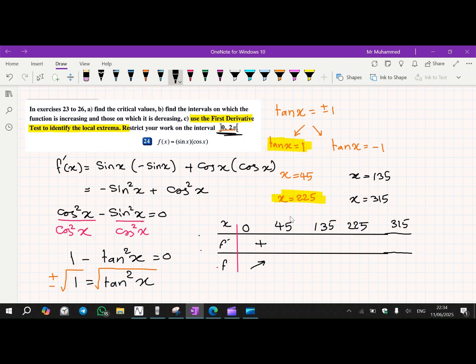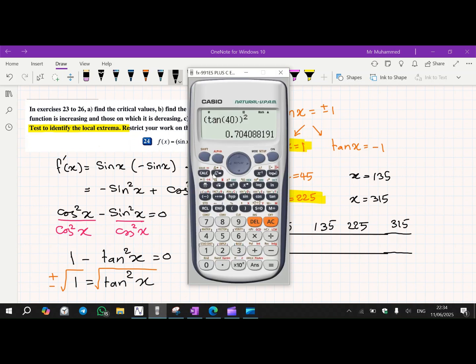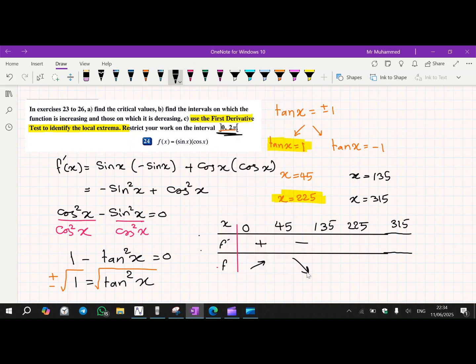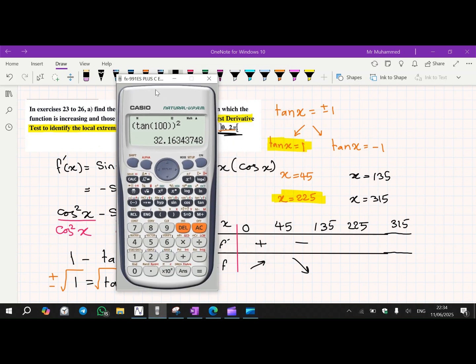Then similarly, if you choose a number between 45 and 135, plug it into tan squared, here, let's say 100. The result is 32. 1 minus 32 is negative, decreasing. A number between these two, let's say 200.